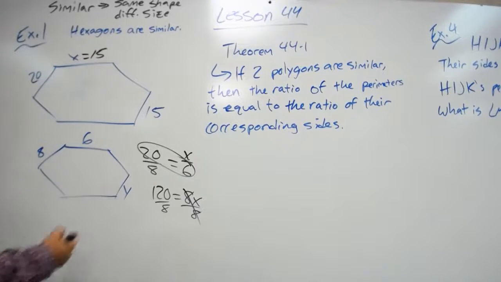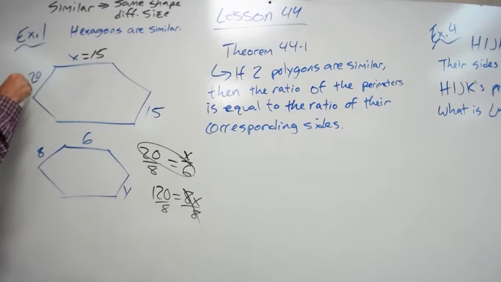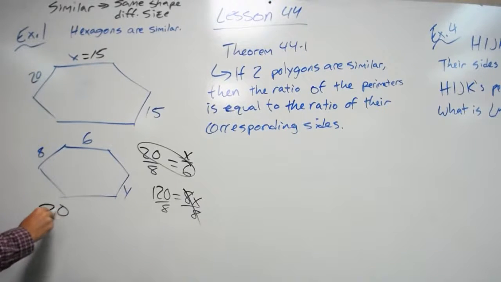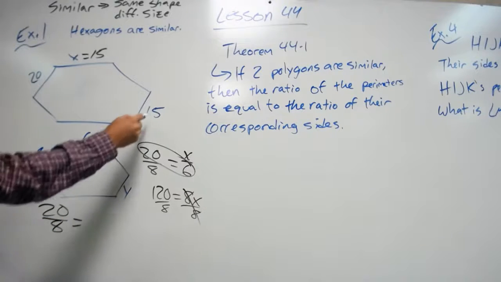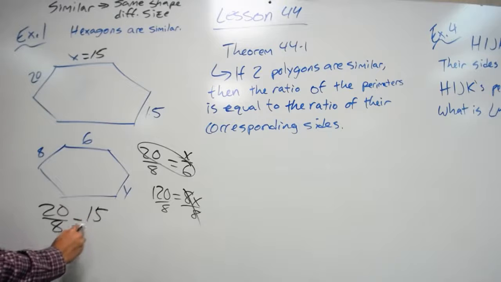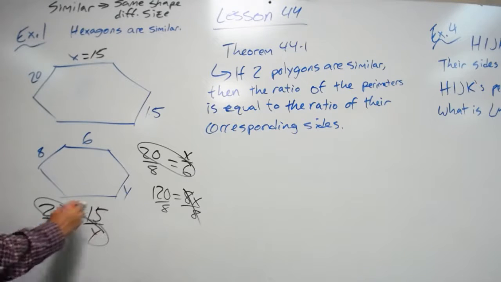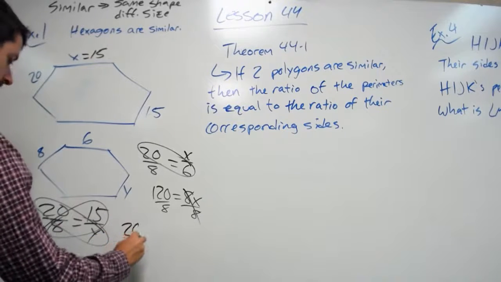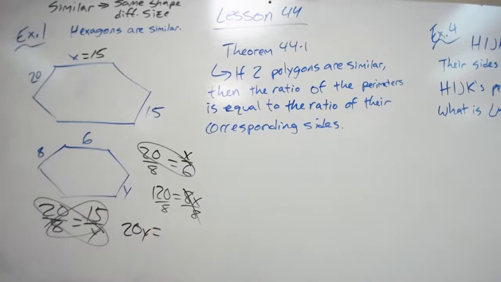Then we solve for y, and we do the same type of proportion. We can use 20 over 8 again, and that equals 15 over y. Just got to use the corresponding sides. Cross multiply, 20y equals 15 times 8.